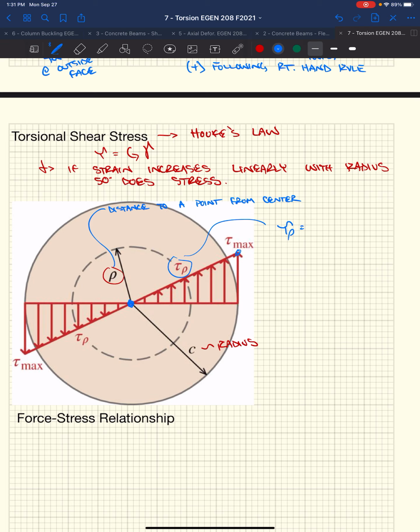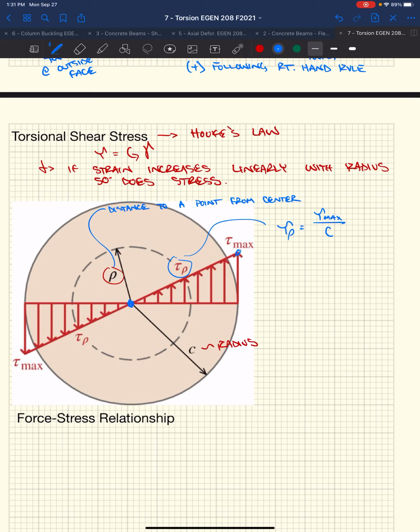If it varies linearly, we can just take the slope of that stress, the change in stress, which would be the rise, our maximum shear stress, over the run, which would be the radius, right?